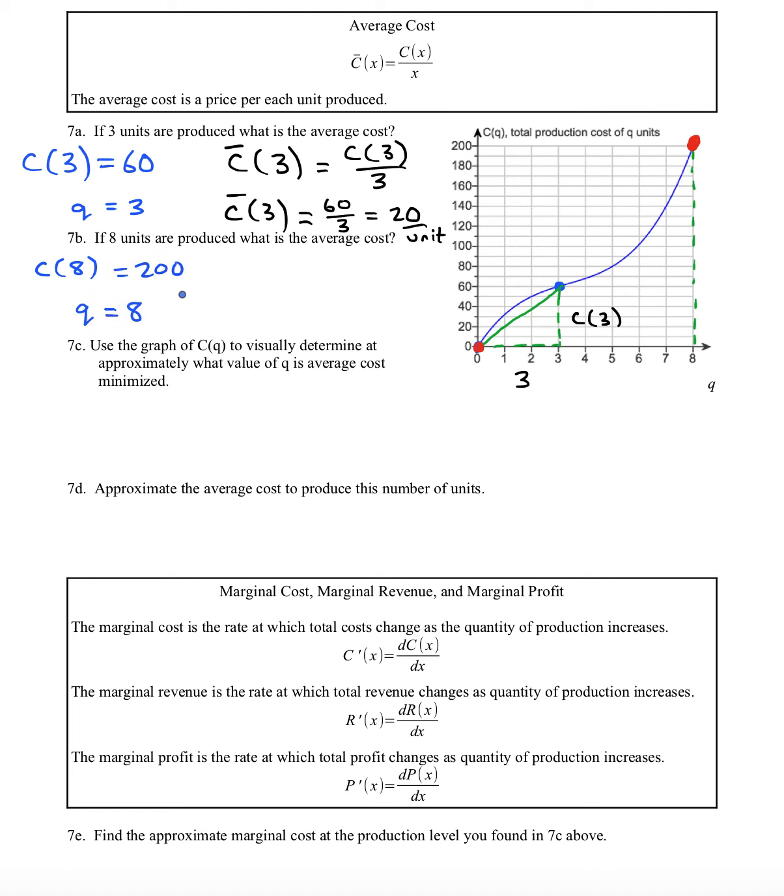Q is 8. We'll draw ourselves a new secant. Now by the looks of it, which one looks greater? Average cost of 3 units or average cost of 8 units?